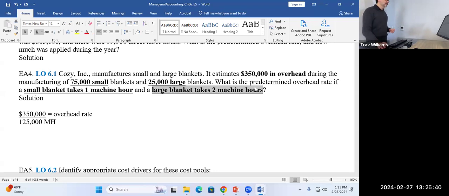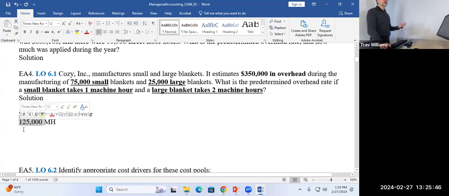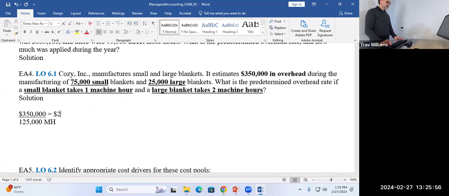And that's how we get a total of 125,000 machine hours. 75,000 for small, 50,000 for large. Together, that's 125,000. And that comes out to 2.80, which means $2.80 of overhead per machine hour.